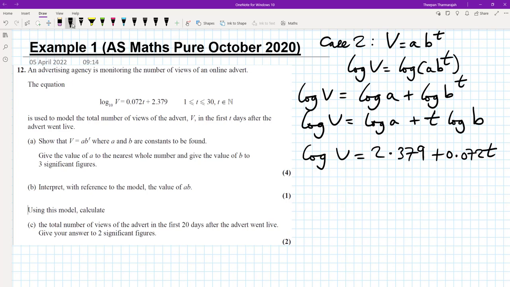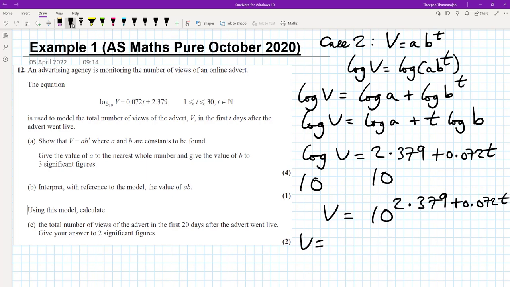So what we can do is to anti-log both sides. So 10 to the power of a log cancels out, so I get v is 10 to the power of 2.379 plus 0.072t. So we get v is 10 to the power of 2.379 times 10 to the power of 0.072t.